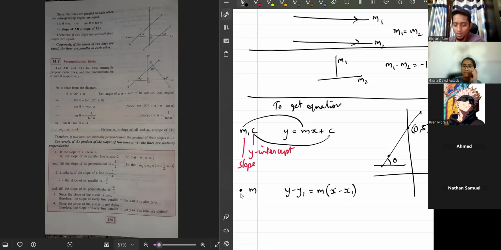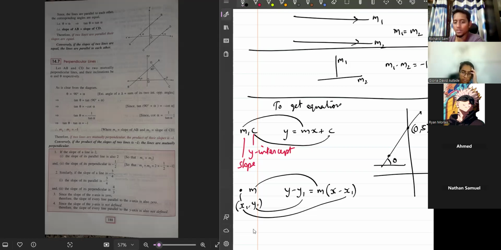So the coordinates of this point will be x1 comma y1. Right. So you will substitute x1 here, y1 here, and m over here. Just substitute, simplify it, take x and y terms to one side, numbers to one side, and you will get the equation of the line.